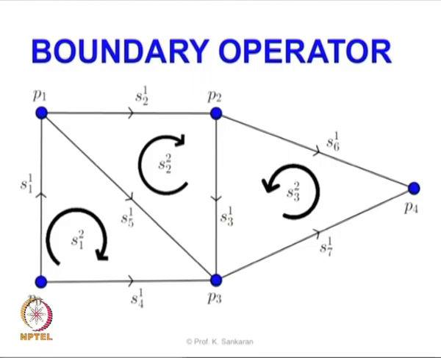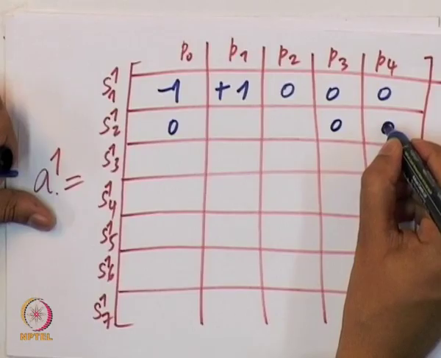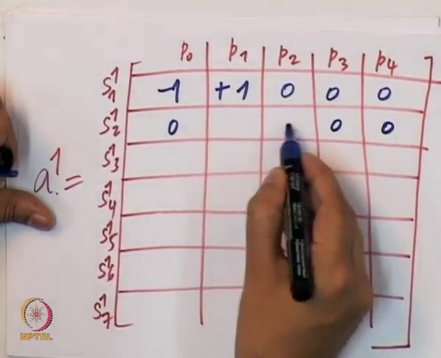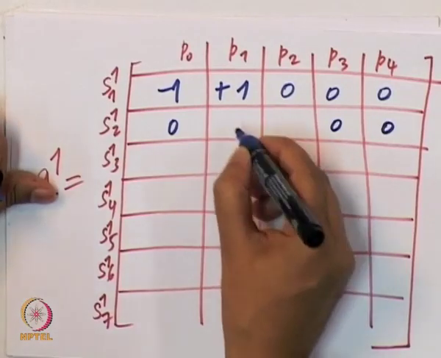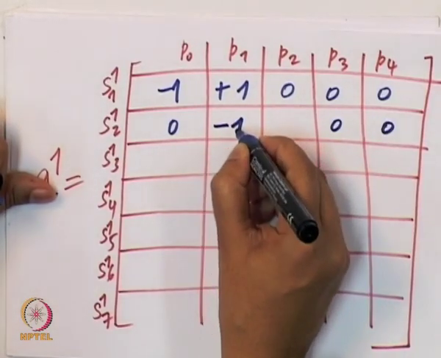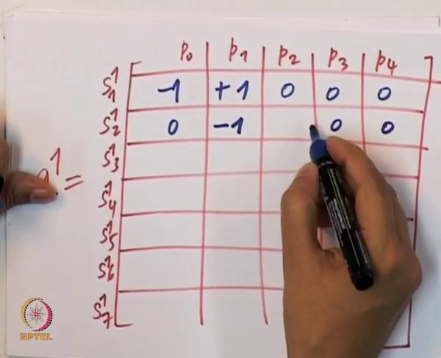In the same way, let us look at the case of P2. For this edge the nodes associated are P1 and P2, so I can put 0 for all other things except P1 and P2. The node which it is going away from is P1, so it is -1, and the node it is going into is P2, so it is +1.